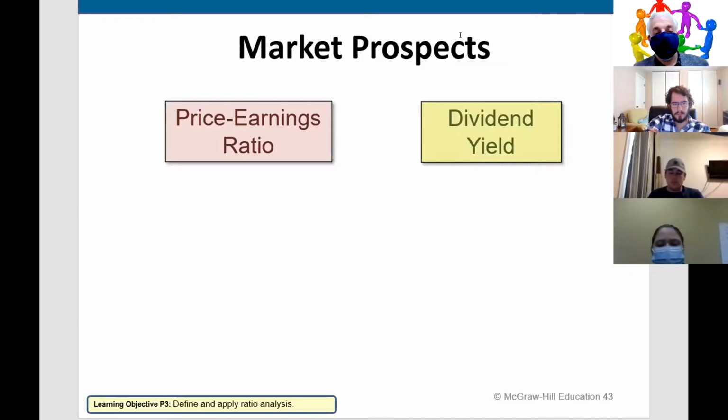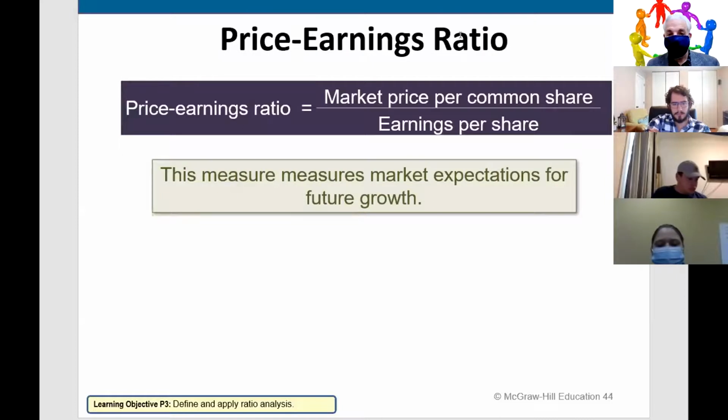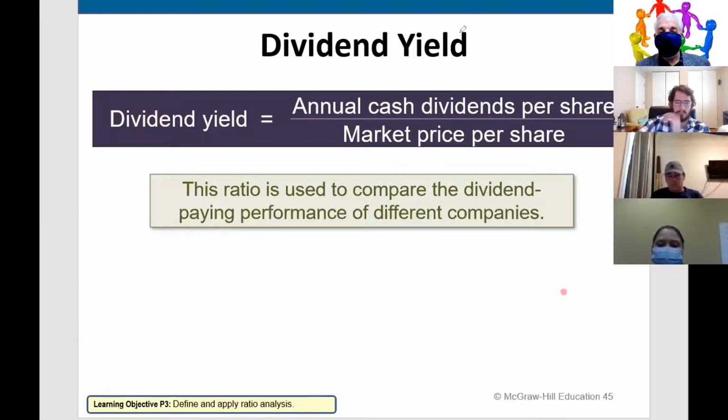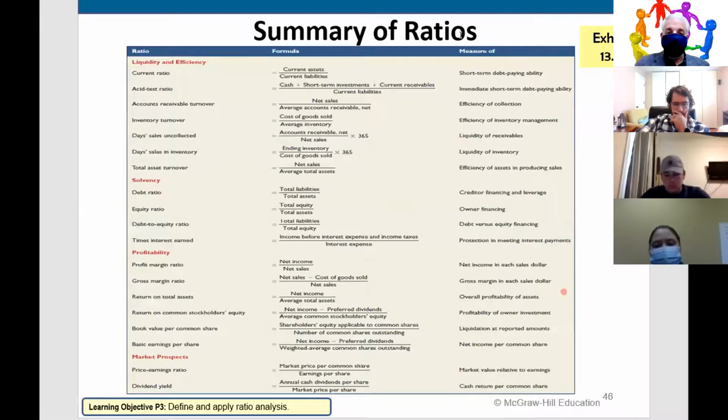They pay zero. So the dividend yield will turn out to be zero. So our P to E ratio is market price divided by EPS, and dividend yield. Again, if your annual cash dividends are zero, it makes it a very easy calculation. Zero.